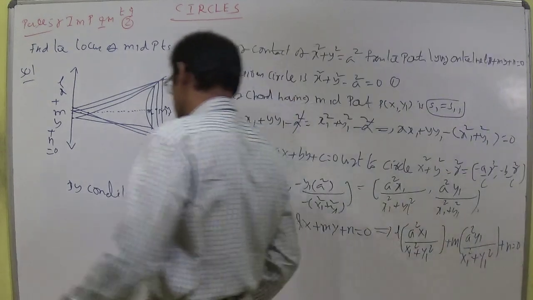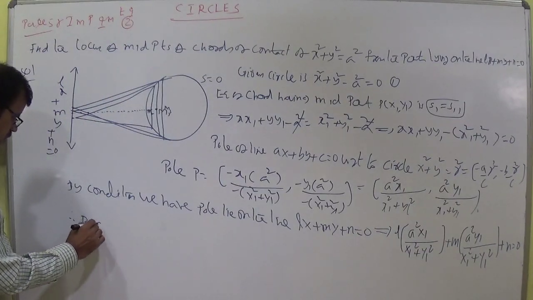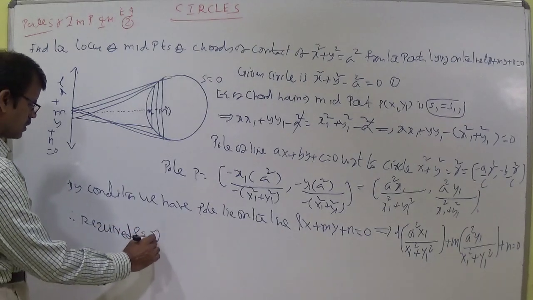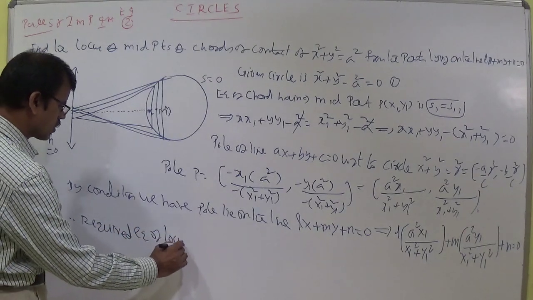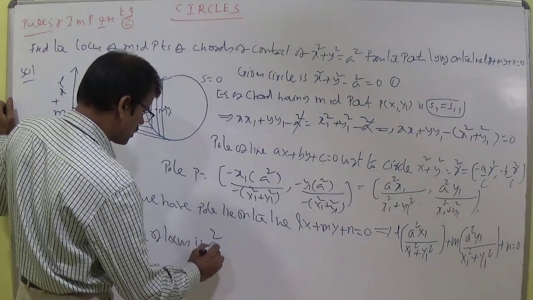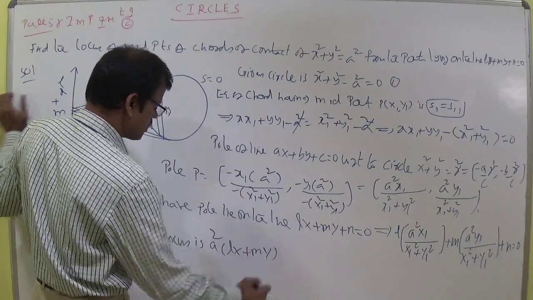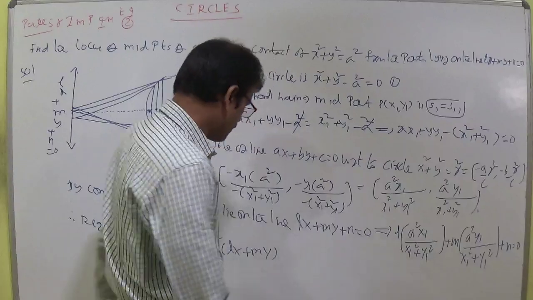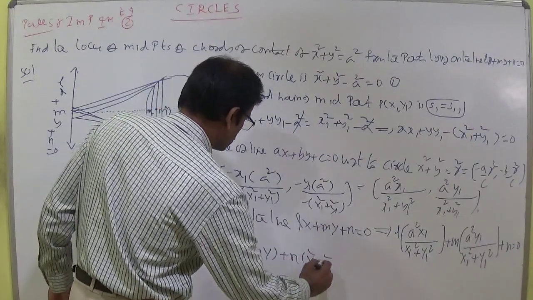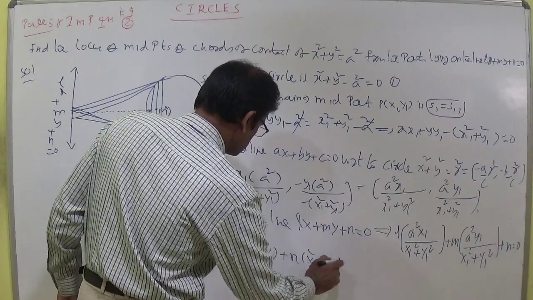Therefore, by taking cross multiplication and eliminating x1, y1, the required equation of locus you can write as a square into Lx plus My plus n into x square plus y square.